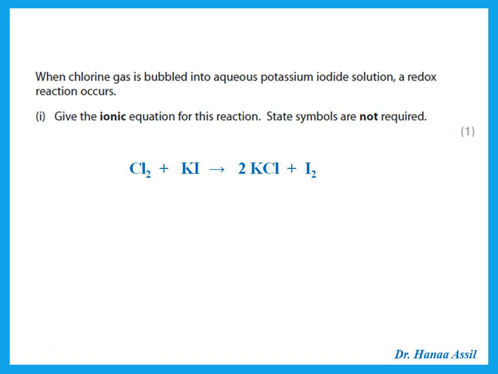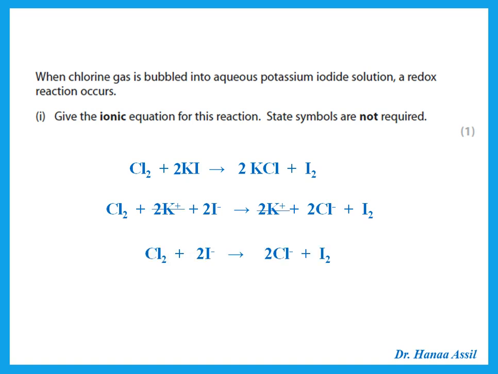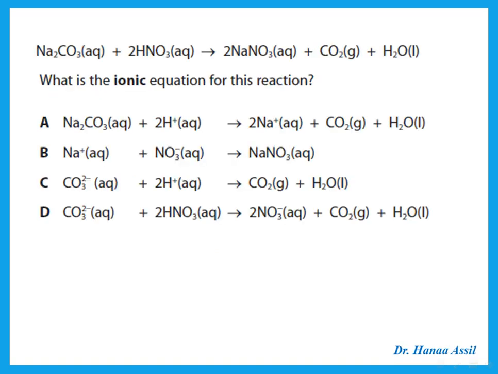We have 2 iodine and 2 potassium after the arrow, so I need 2 before the arrow so that everything is balanced. Then we need to ionize whatever is aqueous. The potassium iodide is aqueous, potassium chloride, we said potassium anything is aqueous. Cancel whatever is the same on both sides of the arrow, and I'm left with this net ionic equation: chlorine plus 2 iodide to give 2 chloride plus iodine.